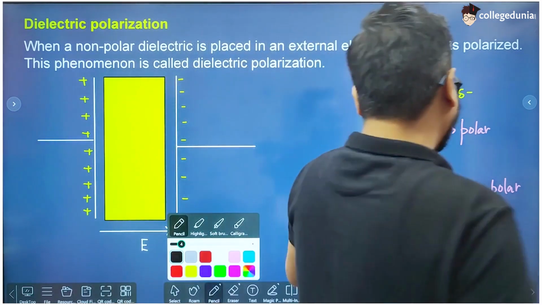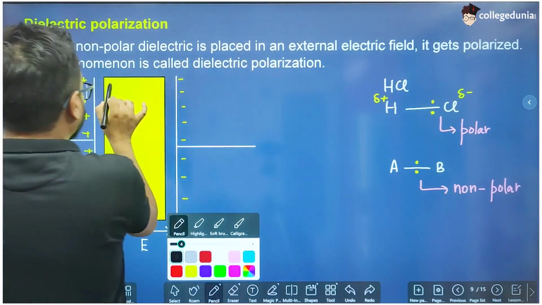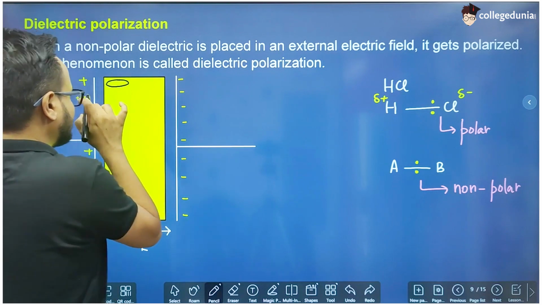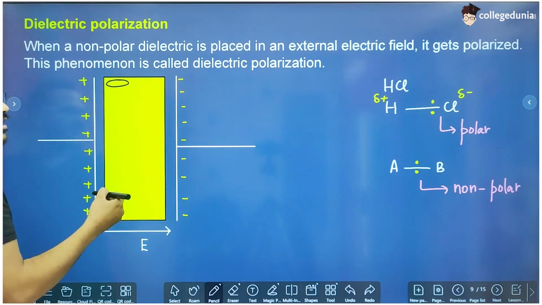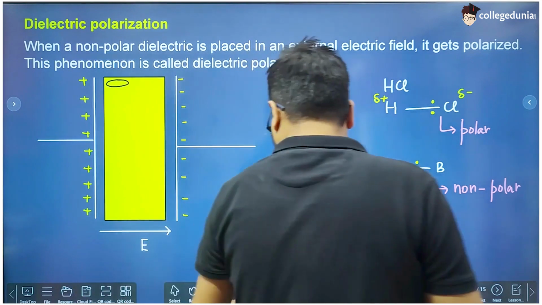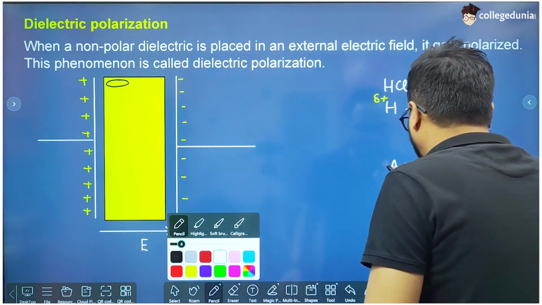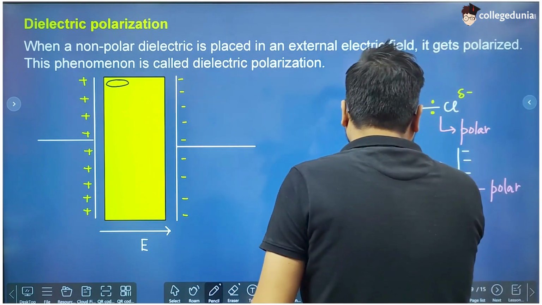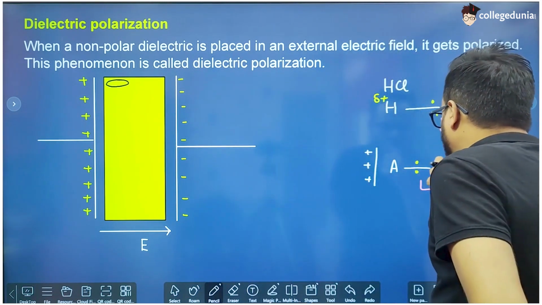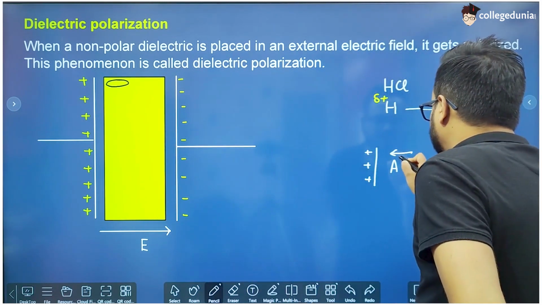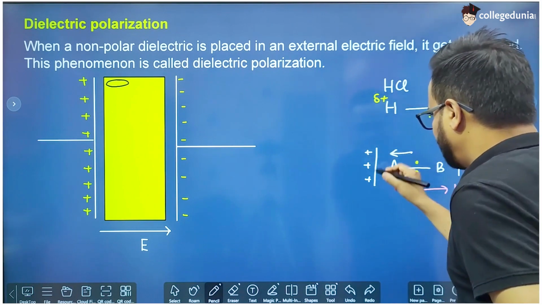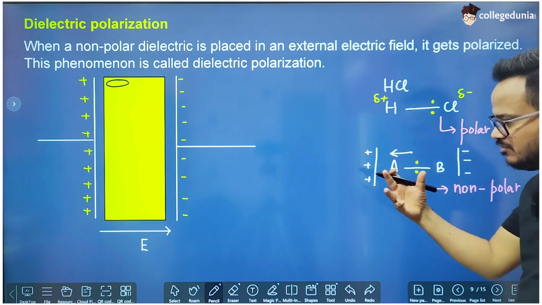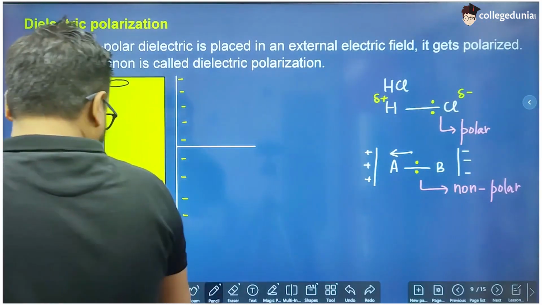The electrons of this molecule, which was otherwise non-polar, get attracted towards the positive plate, right? If there is a positive plate on this side and a negative plate on this side, the electrons of this bond will shift towards the positive plate because electrons are negatively charged, so they will be attracted towards the positive plate.